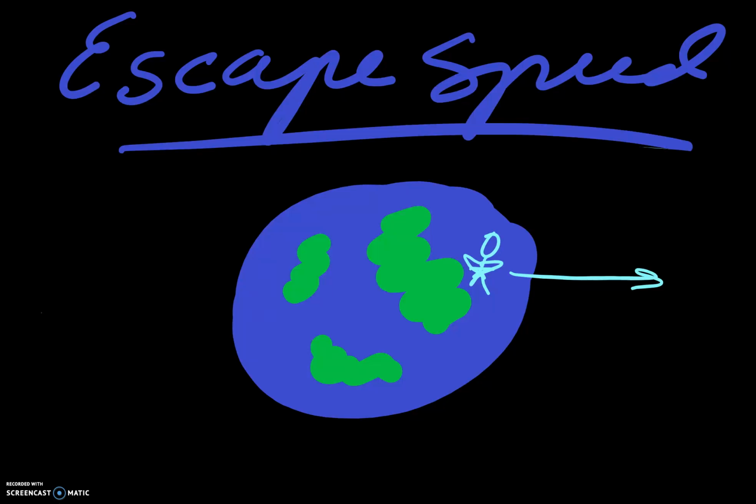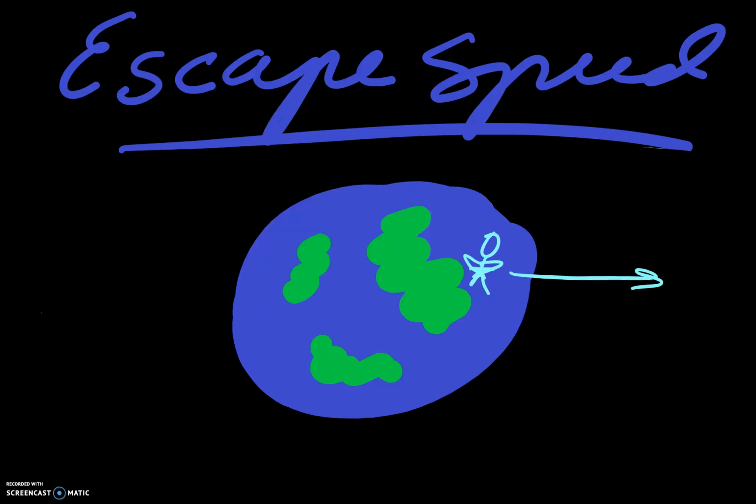Gravity will still exist between you and the Earth, but it's essentially the speed that you need to attain at really any distance from that object, a given distance, I should say, in order to move away from its gravitational pull.